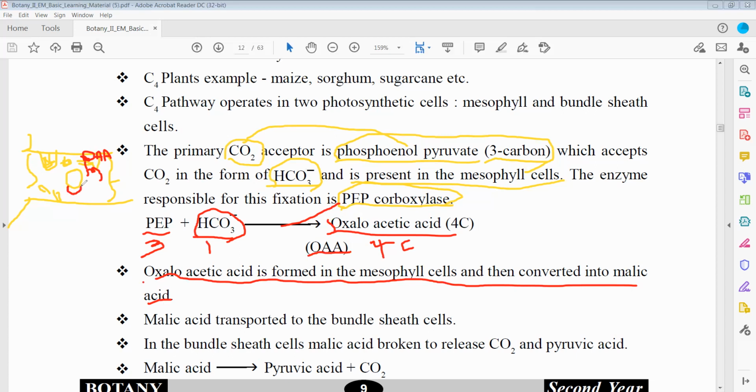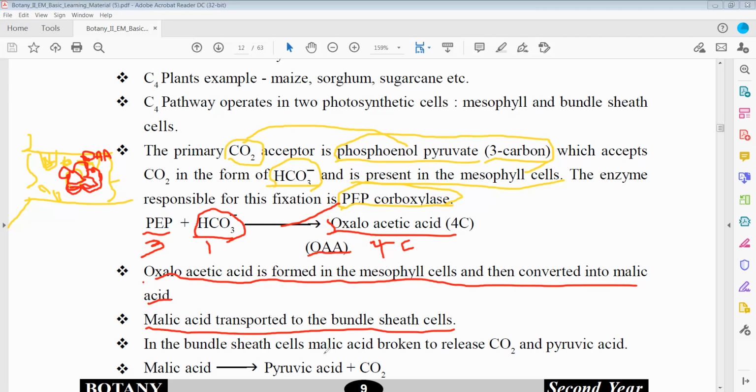Already I explained to you, these are the bundle sheath cells surrounding the vascular bundle. Malic acid enters into the bundle sheath cells. Here you can see malic acid is transported to the bundle sheath cells of the vascular bundle.